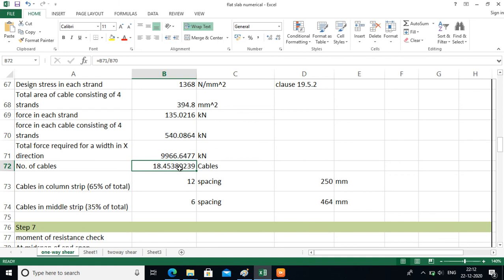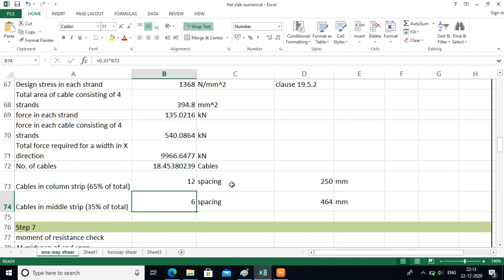Out of these total 18 cables, we are going to provide 65% cables in the column strip and 35% cables in the middle strip. Why is this so? Because we know that the maximum moment we get is at the support, that is in the column zone. So that's why we provide 65% cables in the column strip and 35% cables in the middle strip, that is 12 number and 6 number.